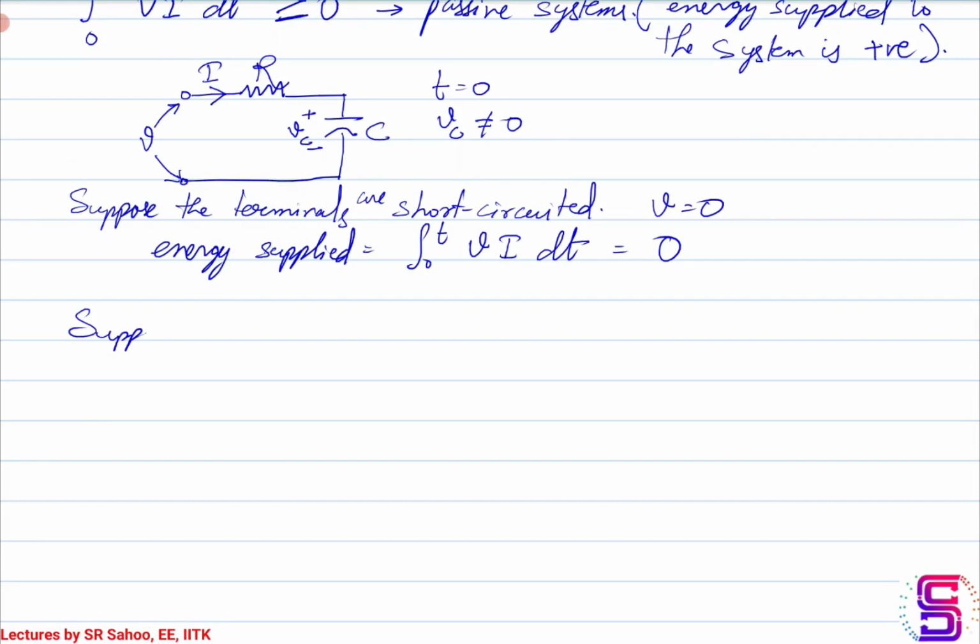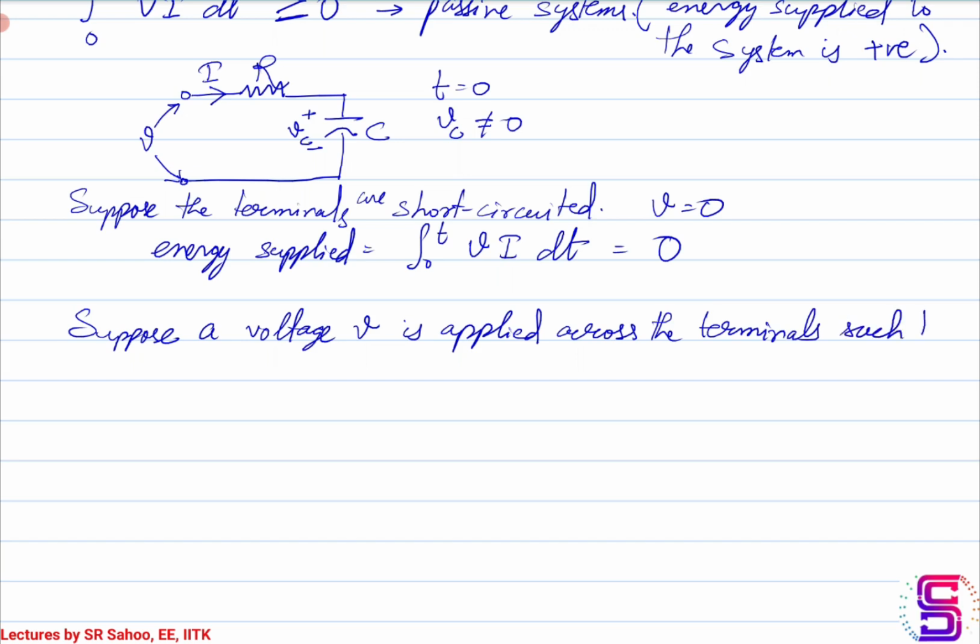Suppose a non-zero voltage V is applied across the terminals. Across the terminals, you have supplied a non-zero voltage V such that the voltage being applied is less than Vc.